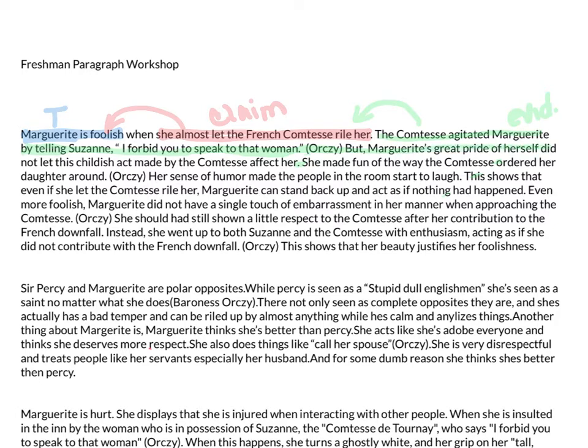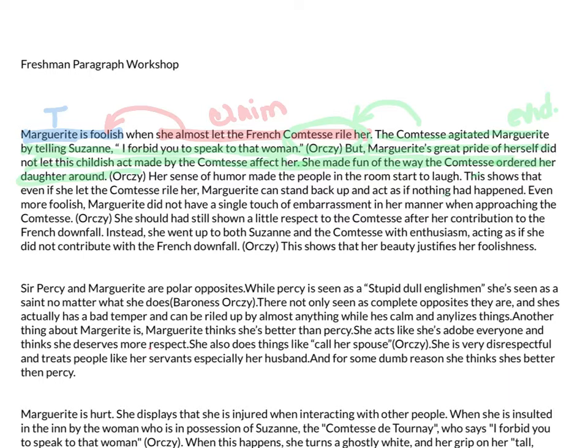But Marguerite's great pride of herself did not let this childish act made by the Comtesse affect her. She made fun of the way the Comtesse ordered her daughter around. Okay, now I'm seeing her reaction, that she's making fun of the Comtesse, but that still doesn't support the fact that the Comtesse riled her.